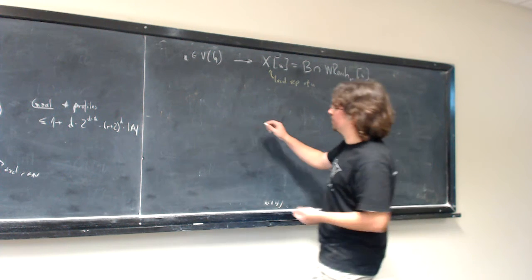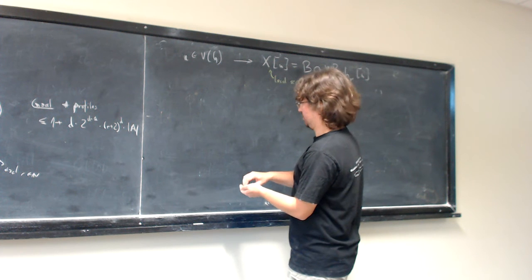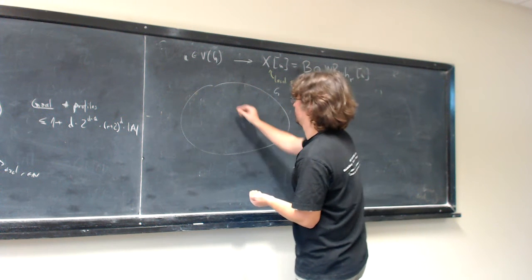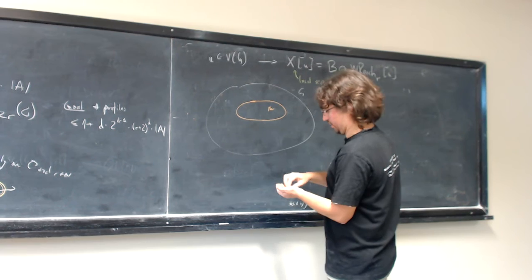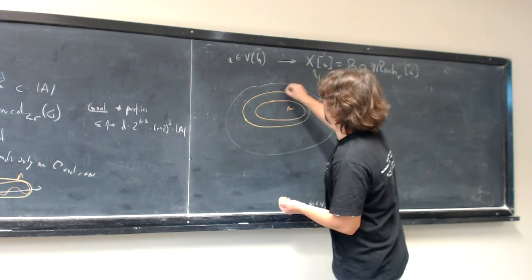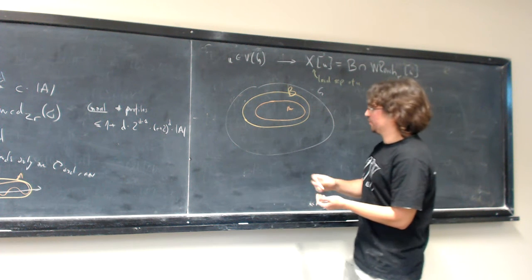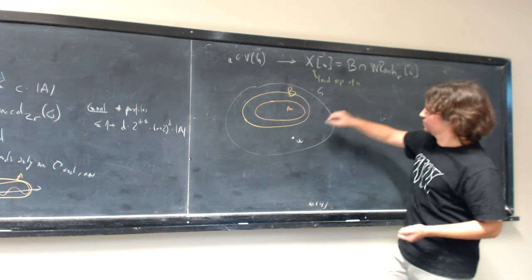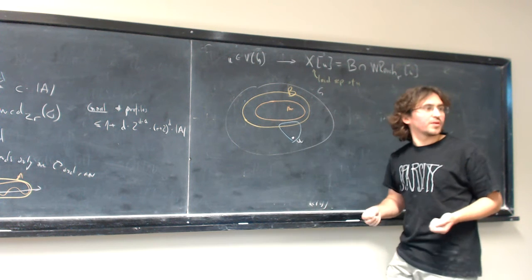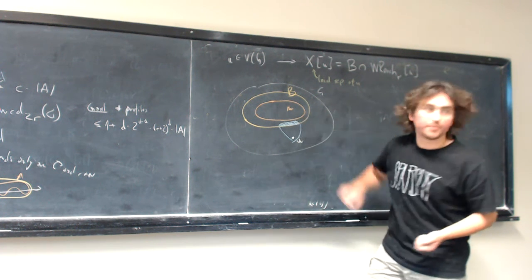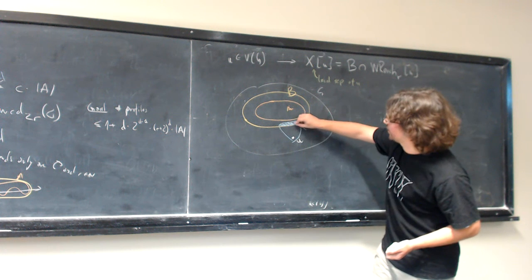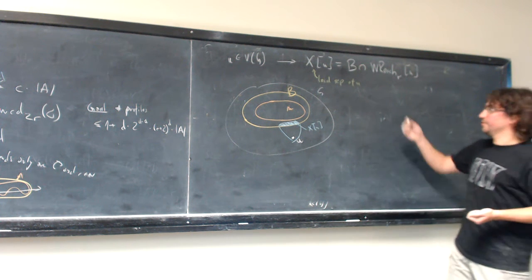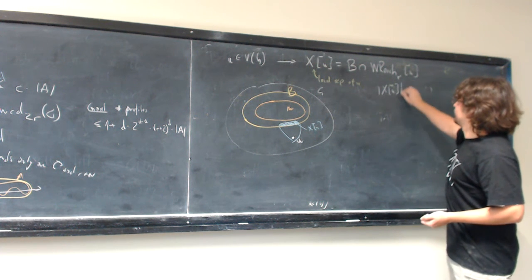I will not write it to save a little bit of space. So how does it look on the picture? Maybe here is my whole graph G. Here is my set A. Here is my enlarged set B. And if I have some vertex U, what I do is take its weak reachability set, say it looks like that, and I take its intersection with B. So this thing is the X of U. Okay, so clearly each such local separator X of U is bounded in size, right?